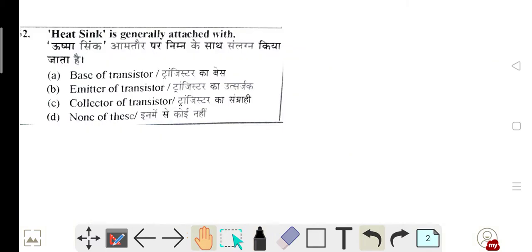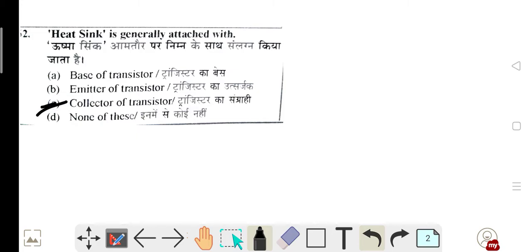Second one is: heat sink is generally attached with base of transistor, emitter of transistor, collector of transistor, or none of them. That is option C, collector of transistor. Why?